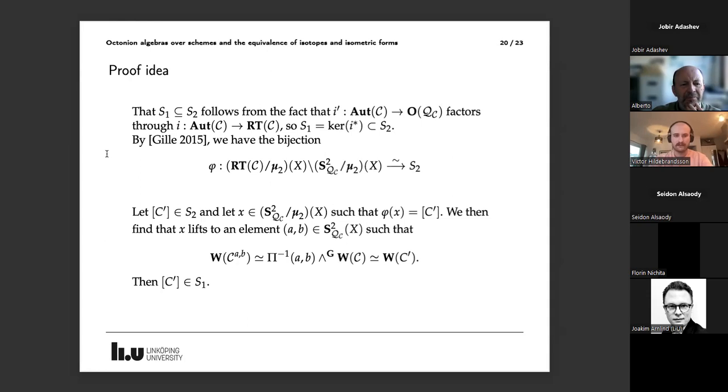And for the other inclusion, we have, by a result of Gille, this bijection, where this whole thing is the set of orbits of this action.